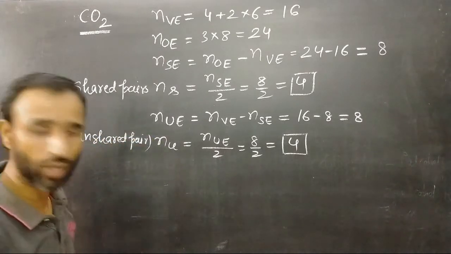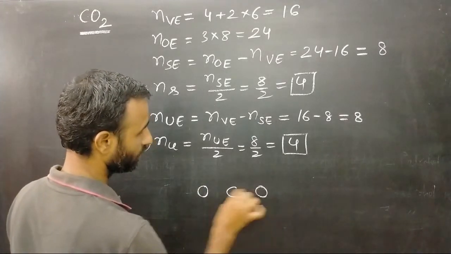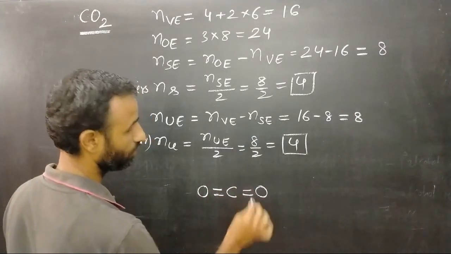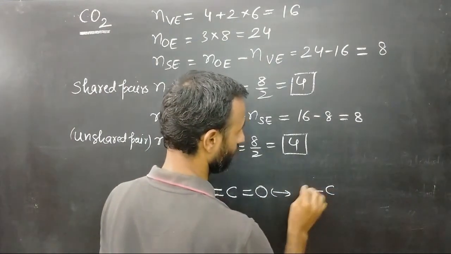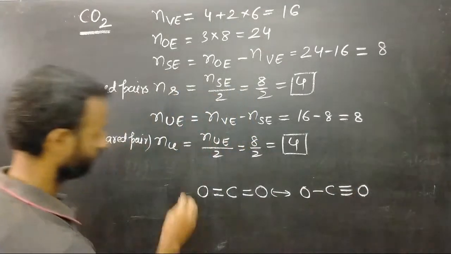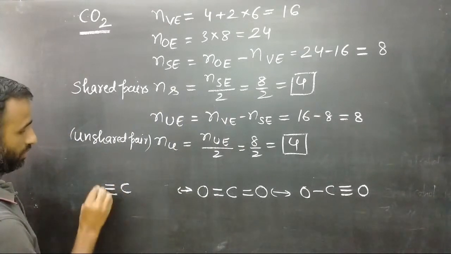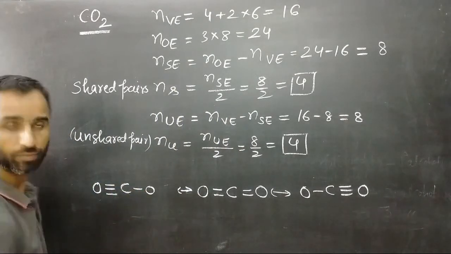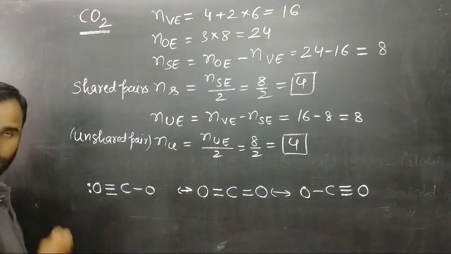So the best way to distribute around the central atom is 2 2, but it can be 1 3 or 3 1. If there are 3 bond pairs, there is only 1 lone pair.